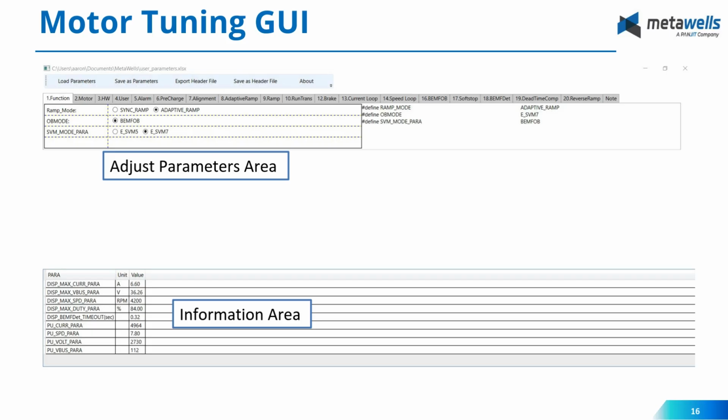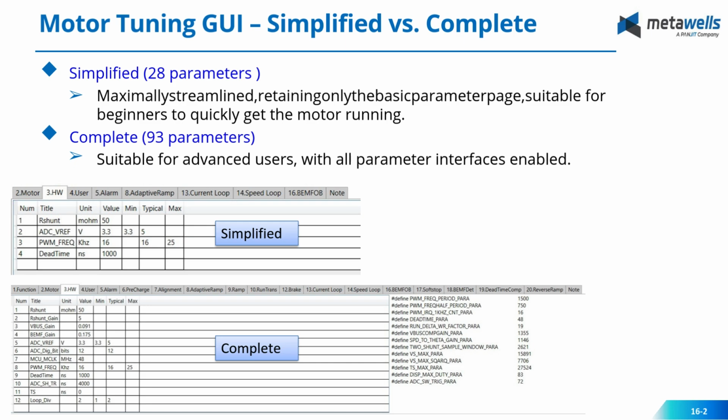duty output. This slide compares the two versions of our motor tuning GUI, simplified and complete. The simplified version, with only 28 parameters, is designed for beginners. It keeps things minimal so that users can quickly get the motor running without dealing with too many settings. On the other hand, the complete version provides access to all 93 parameters.